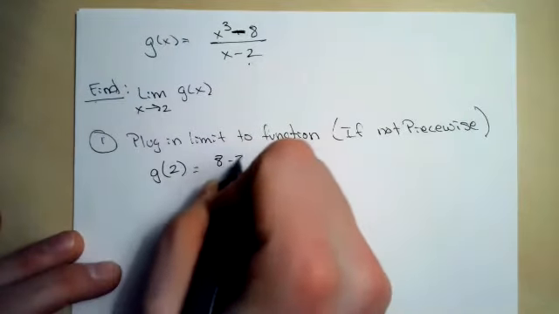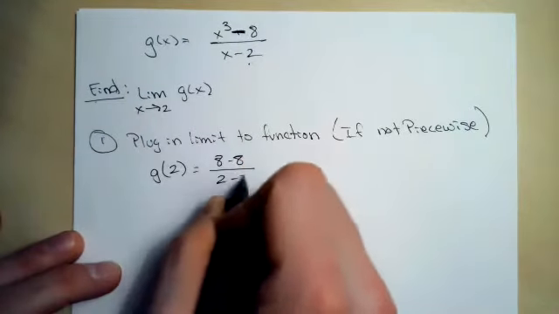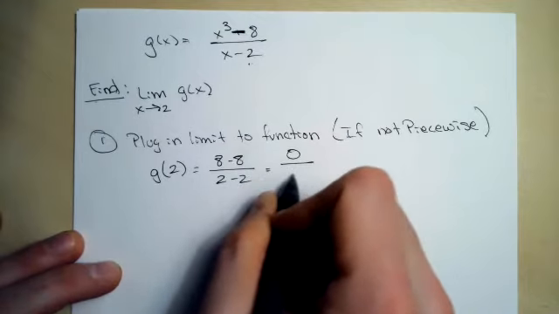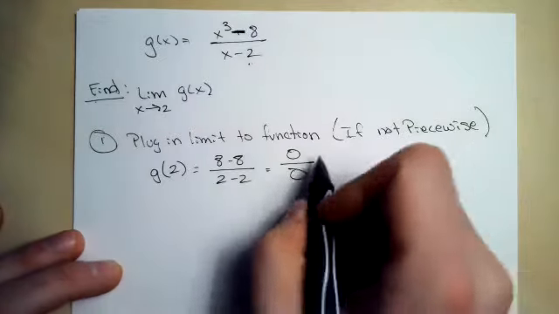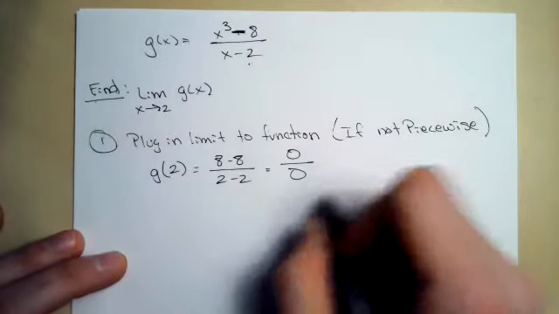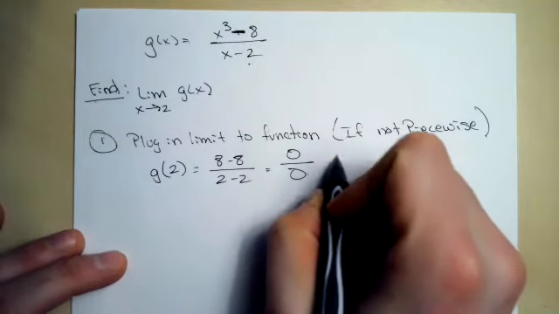We get zero over 0. This is a new form. So this is called indeterminate.